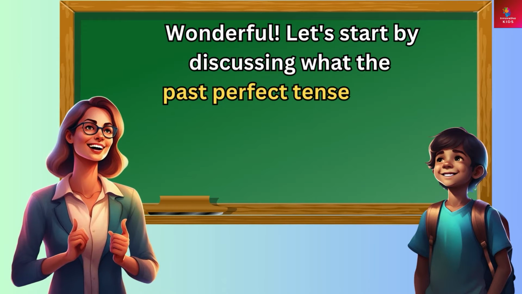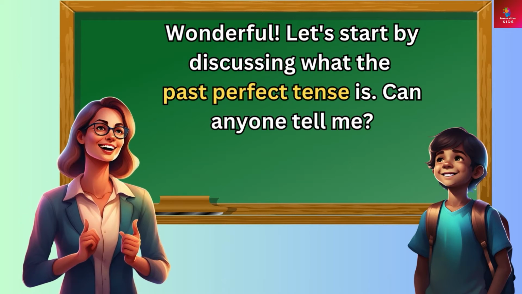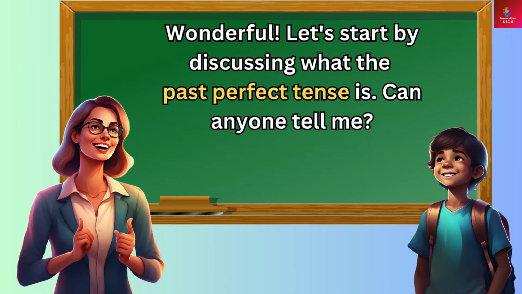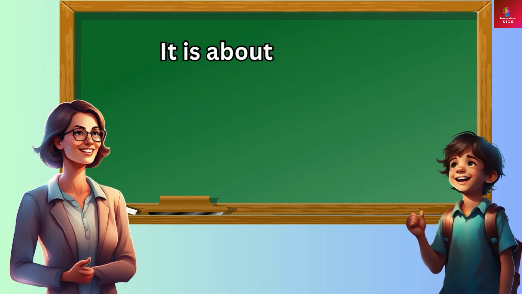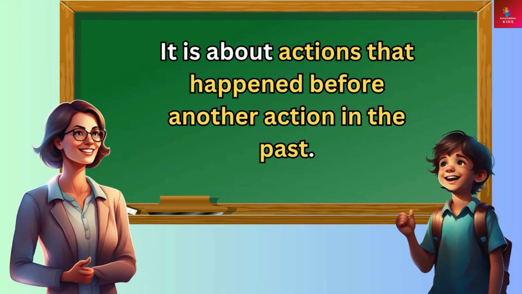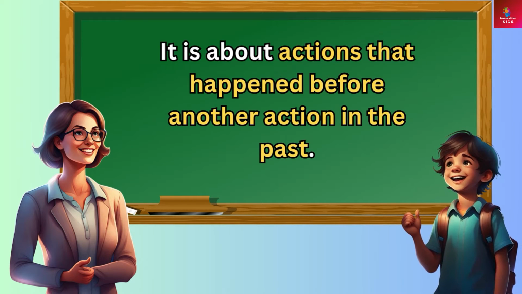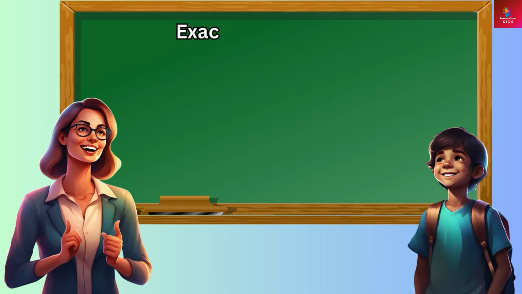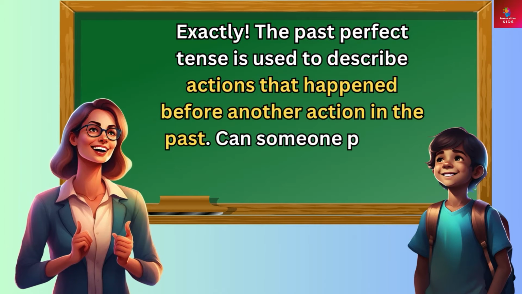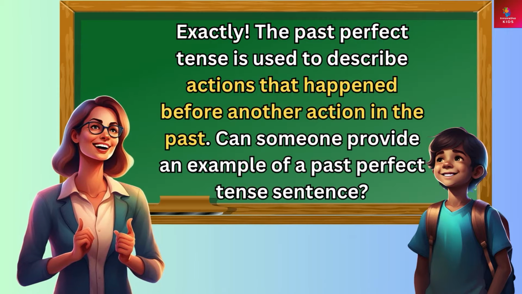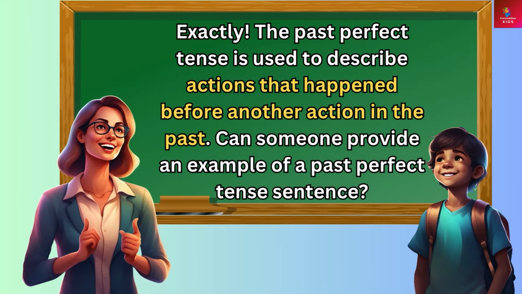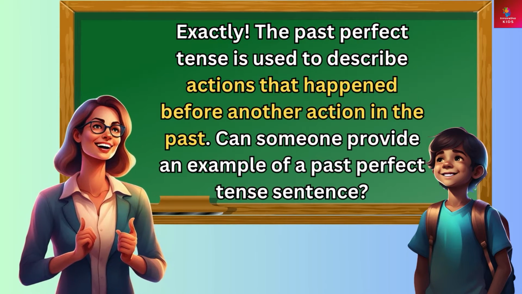Wonderful. Let's start by discussing what the past perfect tense is. Can anyone tell me? It is about actions that happened before another action in the past. Exactly. The past perfect tense is used to describe actions that happened before another action in the past.